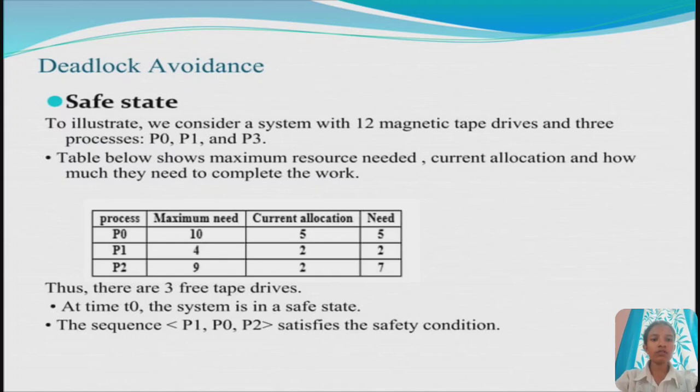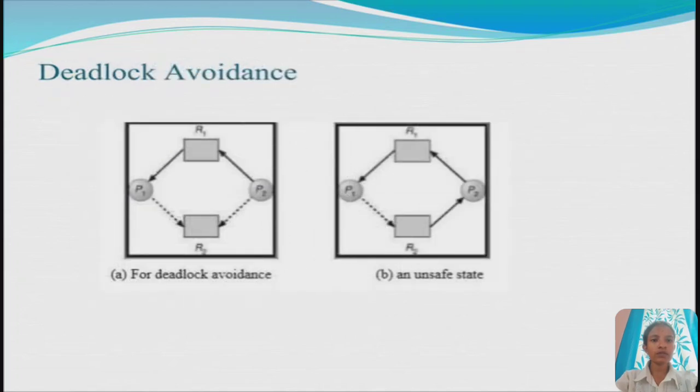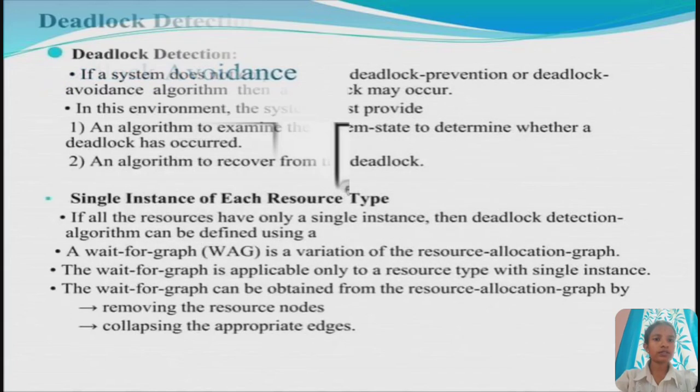Thus, there are 3 free tape drives. At time t0, the system is in a safe state. The sequence P1, P0, P2 satisfies the safety condition. And this is the deadlock avoidance, and the second picture is an unsafe state.